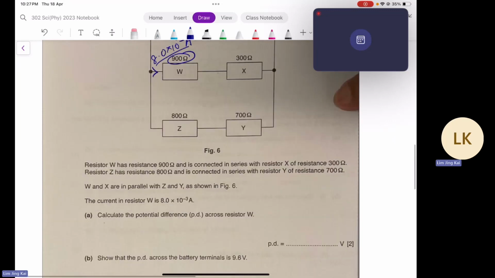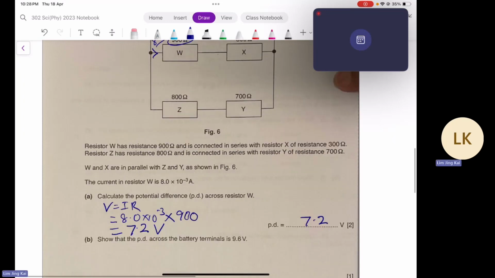So V equals to IR is the formula we need to use. Substitute in the values, 8.0 times 10 to the power minus 3 times 900 ohms. Okay, would give me 7.2 volts. Okay, so that's how you get your value.